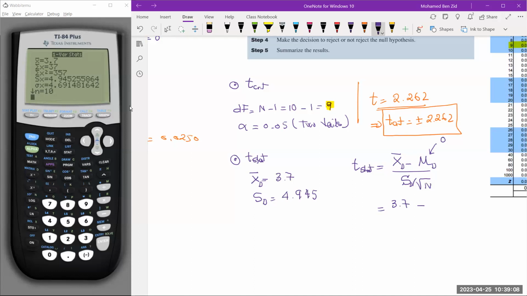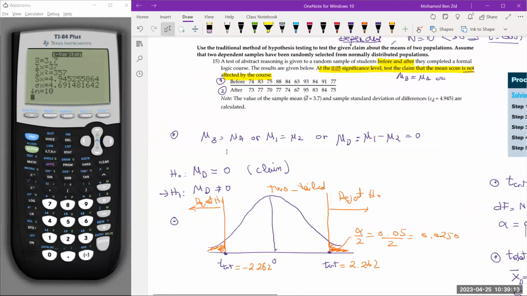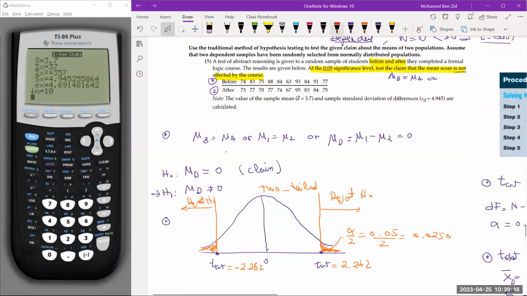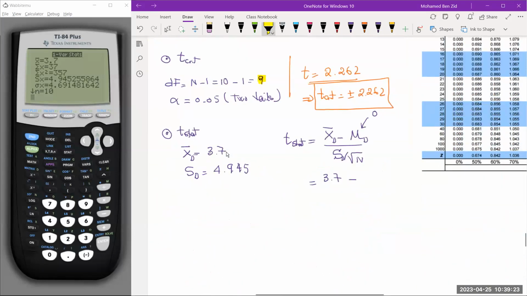This is 0 because of the hypothesis: mu D equals 0, so I assume mu D is 0. So this is going to be minus 0, divided by S, which is 4.945, divided by radical 10. Let's plug it into the calculator.